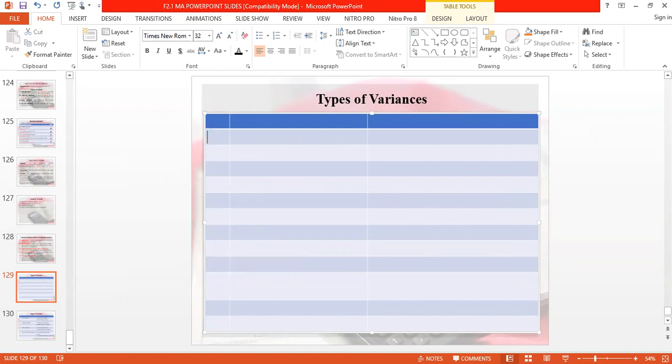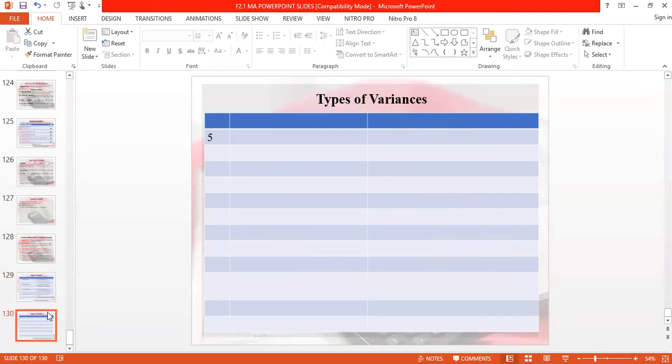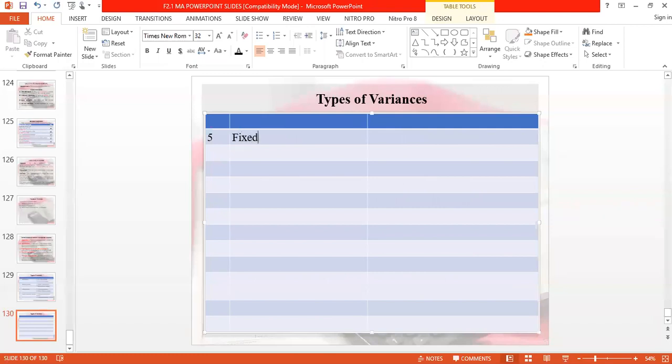Number 5, we have fixed overhead variance.